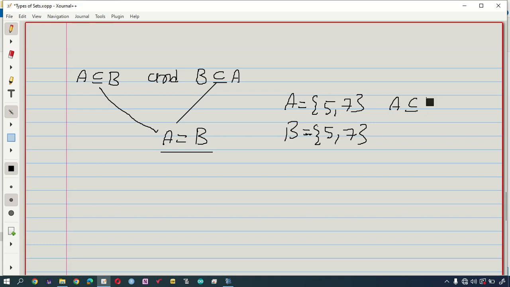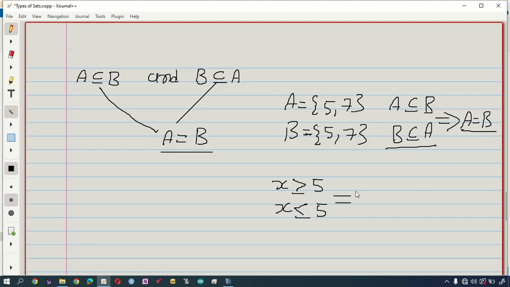So A is a subset of B, also B is a subset of A. So this will imply that A is equal to B. The same way, like you say that x is greater than or equal to 5 and x is also less than or equal to 5. This will imply that x is equal to 5. The same concept applies here.